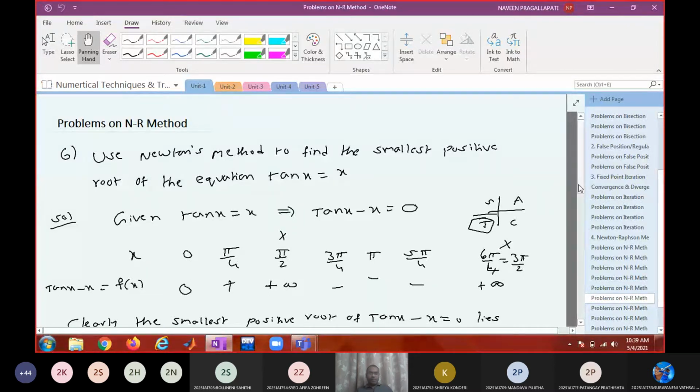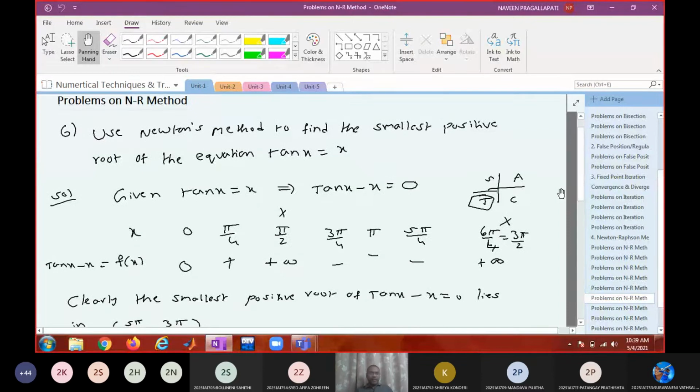Yes, sir. So for that, what we are doing, we are preparing the table. Let us prepare a table for different values of x. Okay, write in radians. 0, pi by 4, pi by 2, 3 pi by 4, pi, 5 pi by 4, and so on. I wrote. Just observe once. Initially 0, and the tan x minus x. When you use the calculator, what is your f of x? F of x here is nothing but tan x minus x only, no?